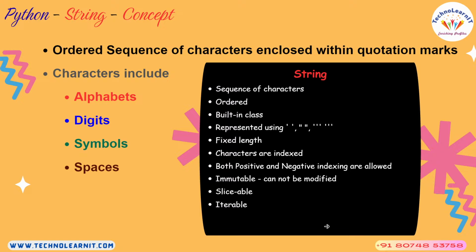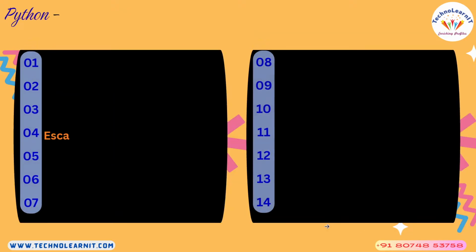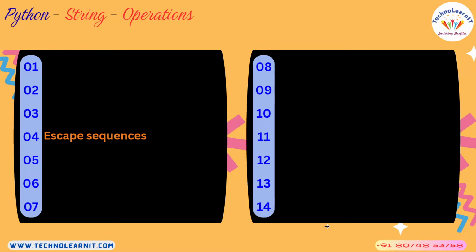We will look at it practically. And strings are sliceable. What is slicing? The same concept that we learned when we were learning lists. Similarly, you can slice a string. And strings are iterable, just like a list.